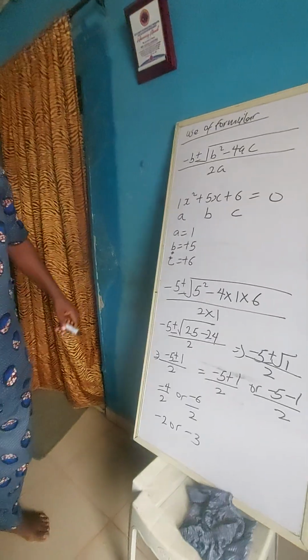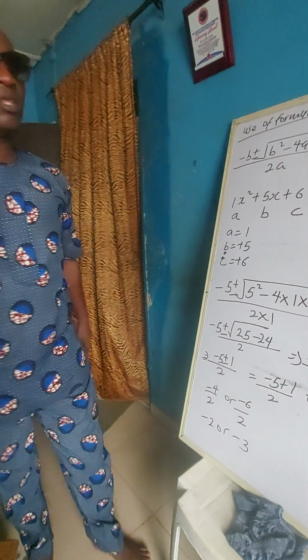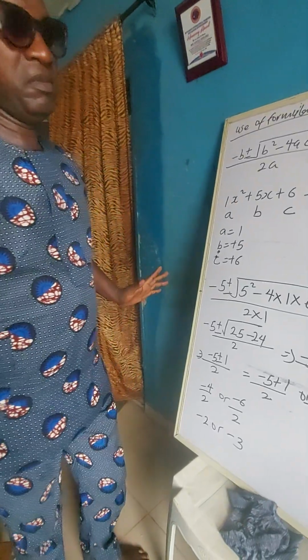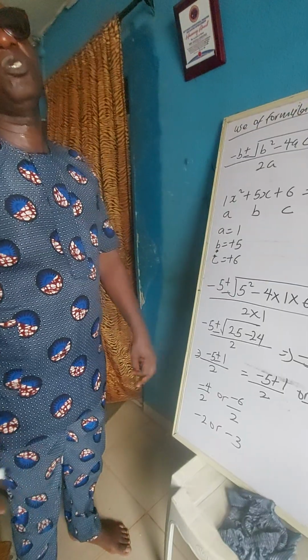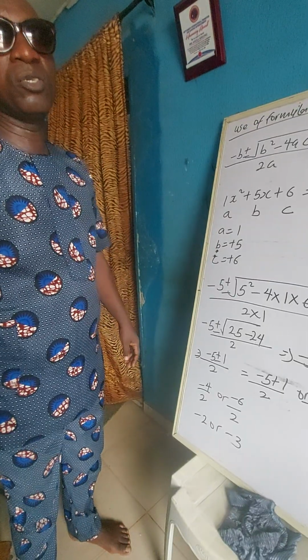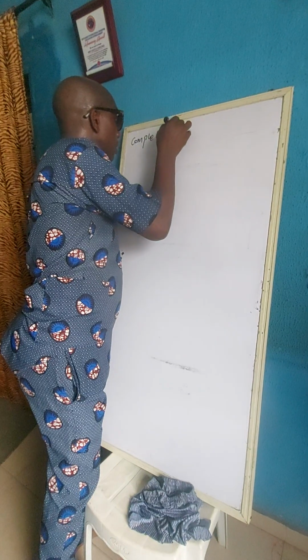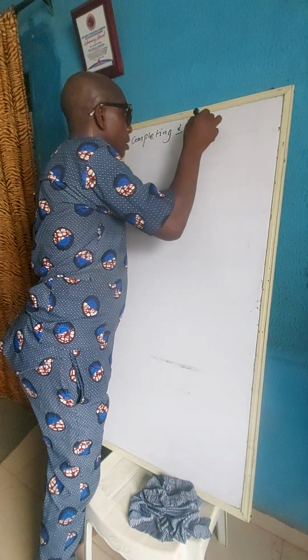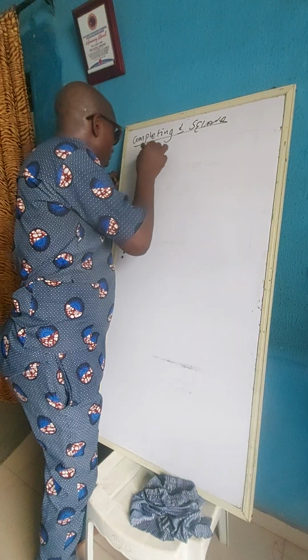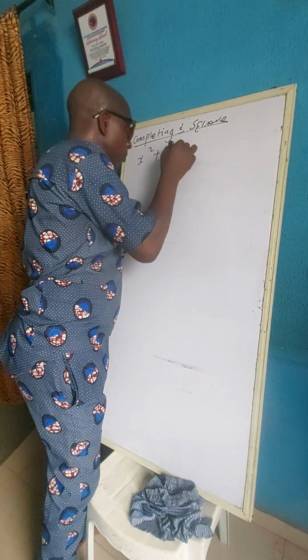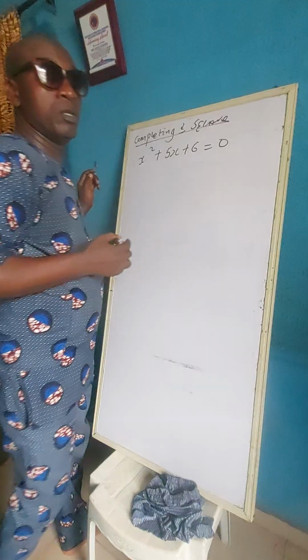That's about that one. Then we are going to the third method to solve it. Then we are done with quadratic equations, except we move to the next topic. Question: x squared plus 5x plus 6 equal to 0.